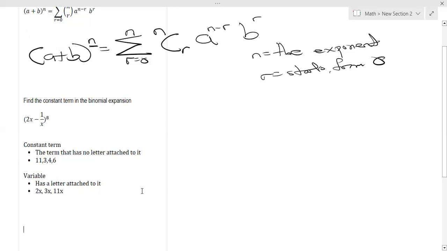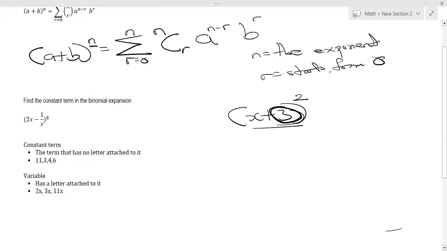In a binomial expansion, in situations where we have something like (x plus 3) raised to power, let's say, 2, most of the time the constant term is usually the last term, because you're just raising this term to a power.